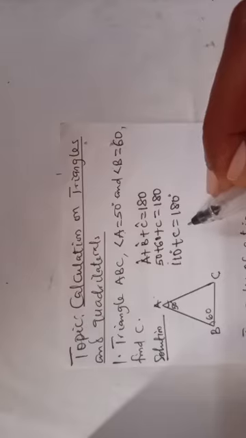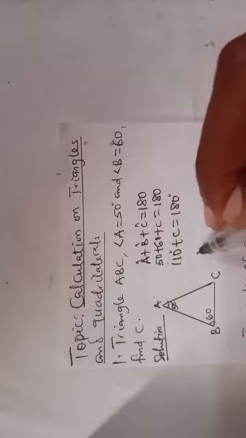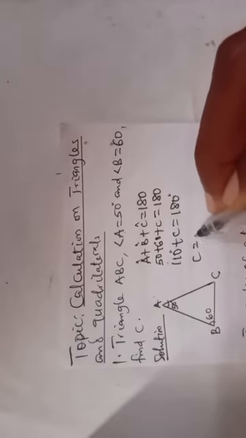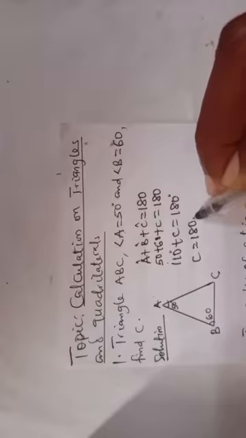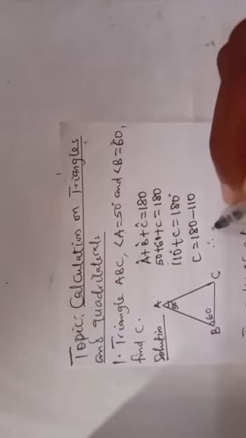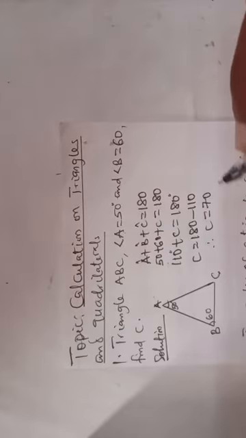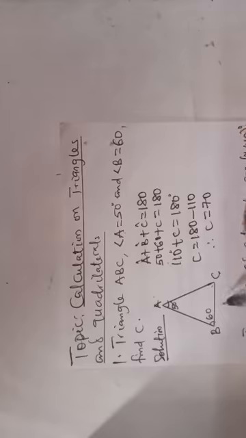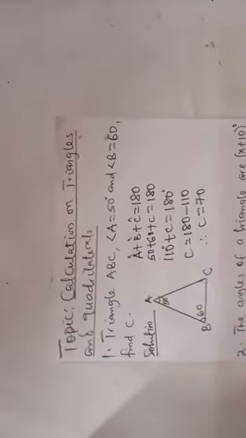To get my C, I will simply collect like terms, which gives C equal to 180 minus 110. Therefore, my C is equal to 70 degrees. If you add 70 to the other two angles, you get 180 degrees, showing that the sum of angles in a triangle is equal to 180 degrees.